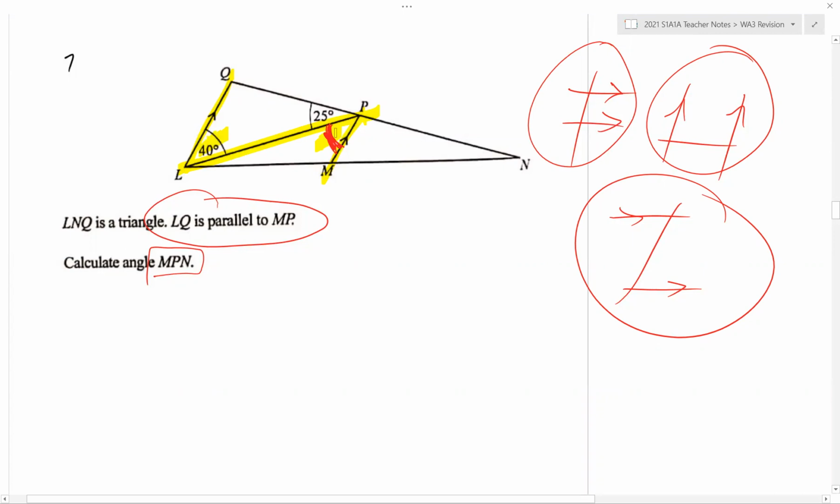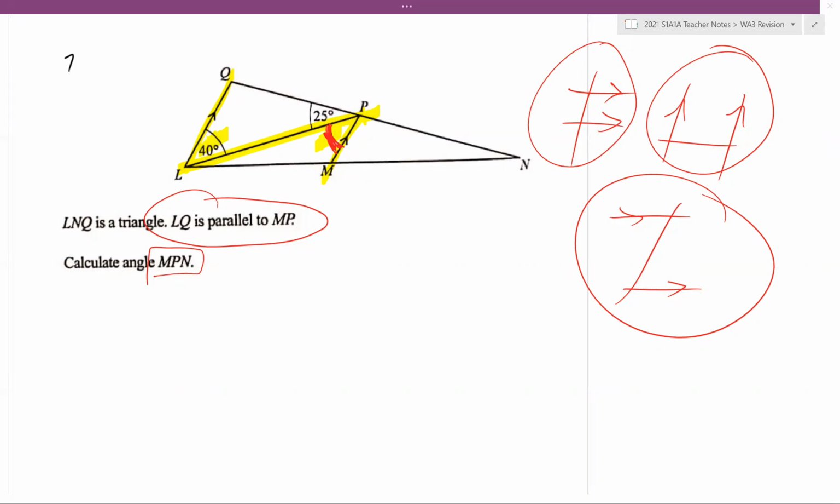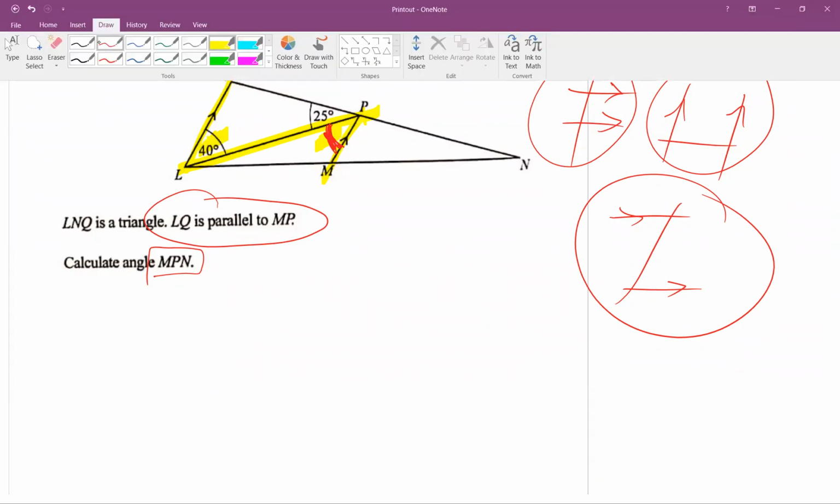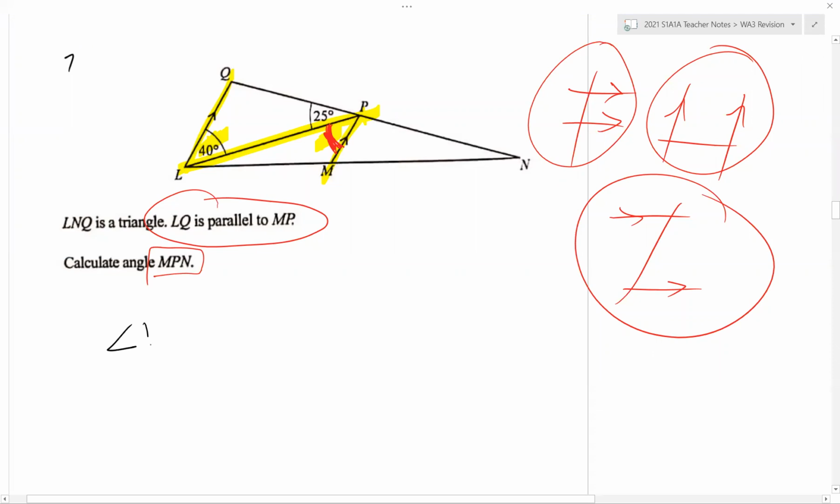And they are equal. So we need to state the reason together with the working. Angle LPM equals 40 degrees. Reason: alternate angles, parallel lines. Now I know that this is 40 degrees.